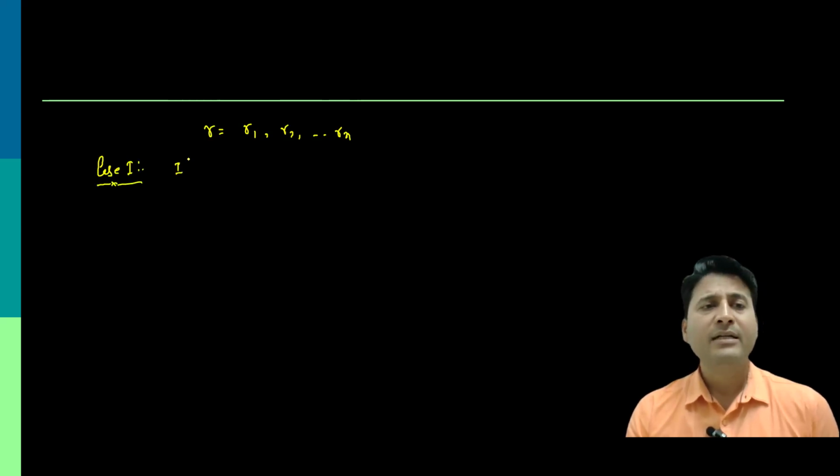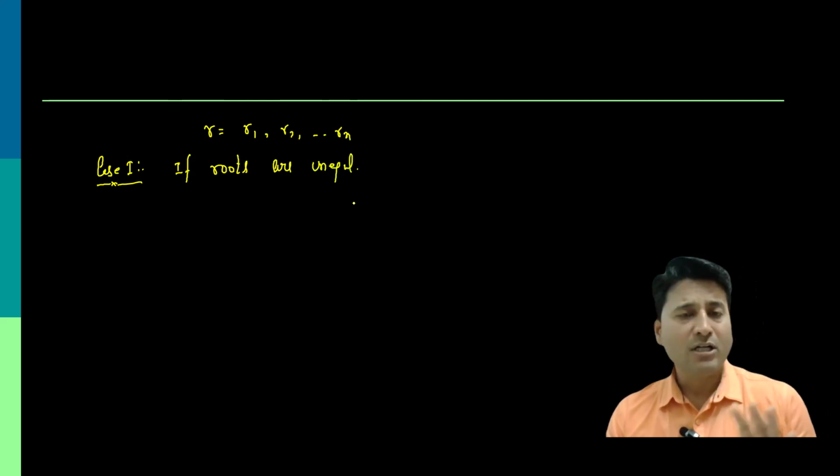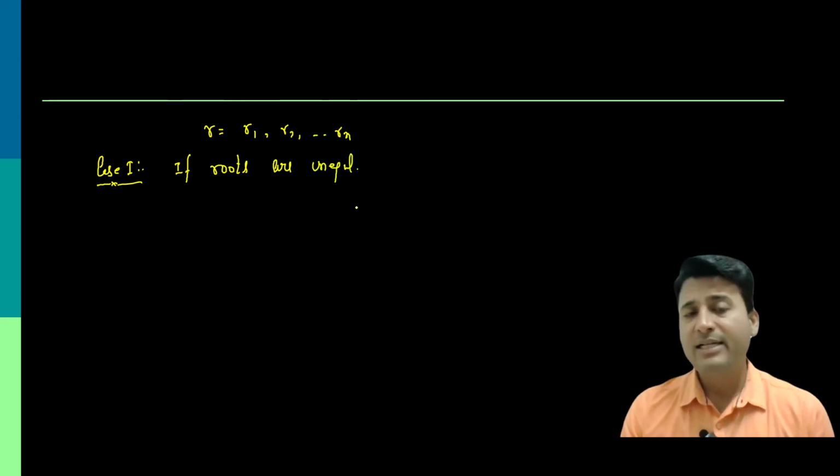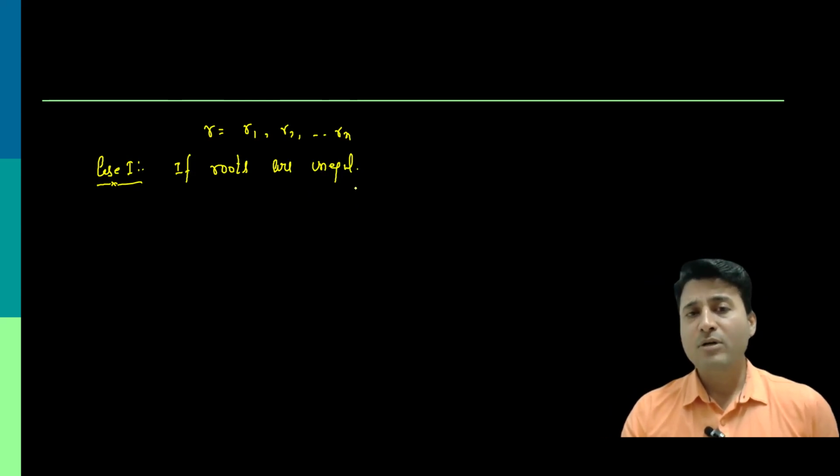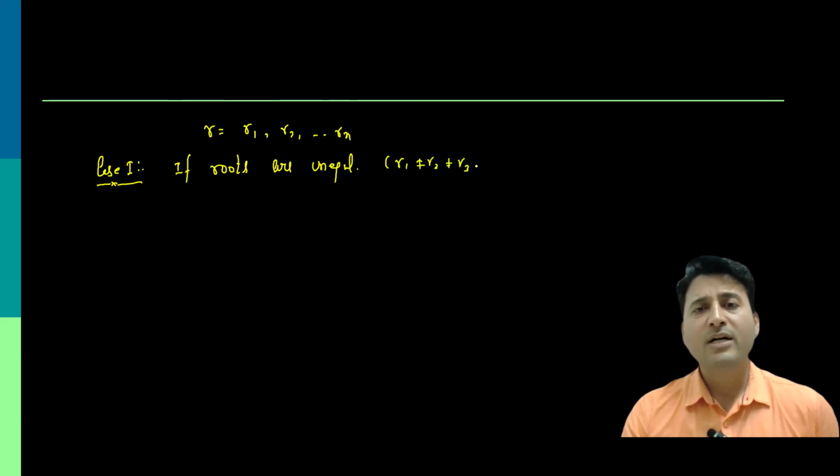Case number one, if roots of the equation are unequal. Unequal means it does not matter whether real or imaginary. We are only considering that roots are unequal. That means r1 is not equal to r2, not equal to r3, meaning every root is different.